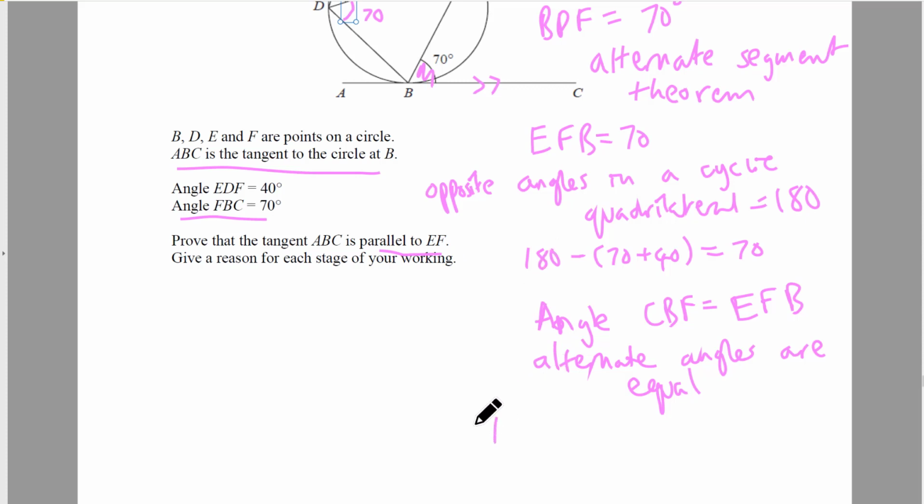So therefore the line EF is parallel to ABC.